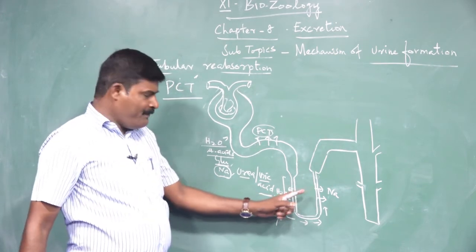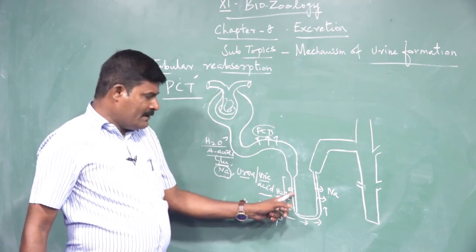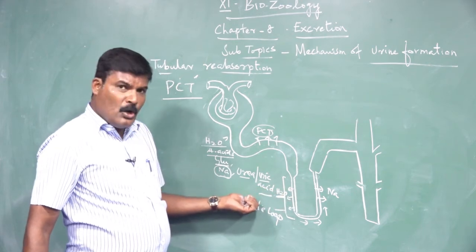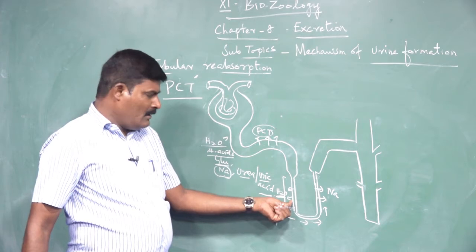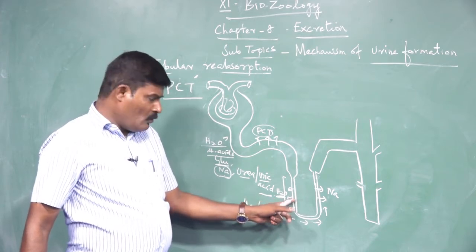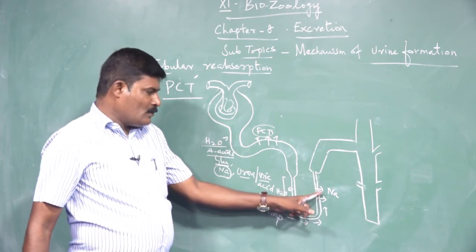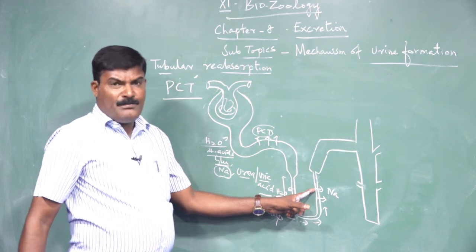Listen, these two regions. The descending limb is permeable to water and impermeable to sodium and chloride. Permeable means only water is allowed, but sodium and chloride are not allowed here. But in the case of the ascending limb of Henle's loop, sodium chloride is permeable and water is impermeable.